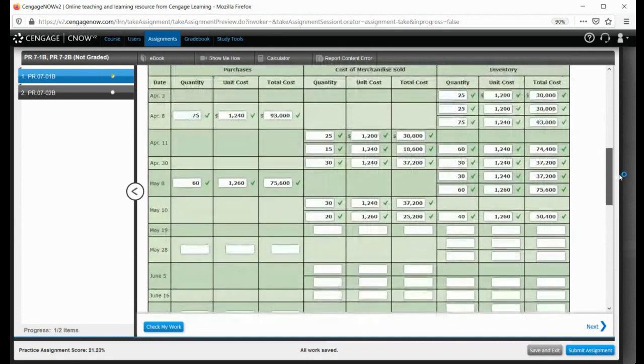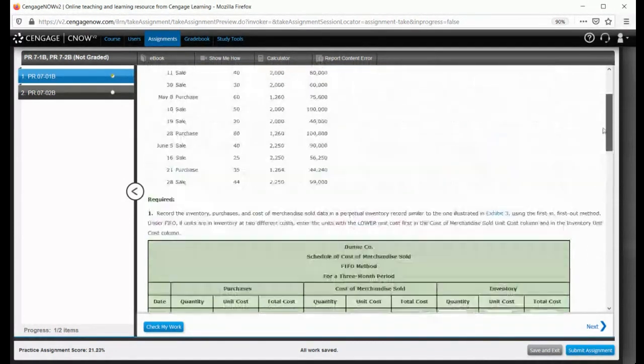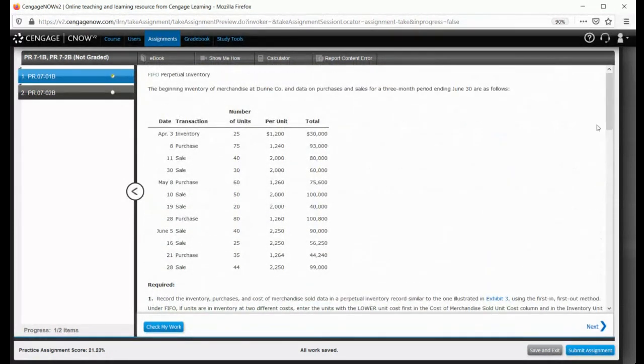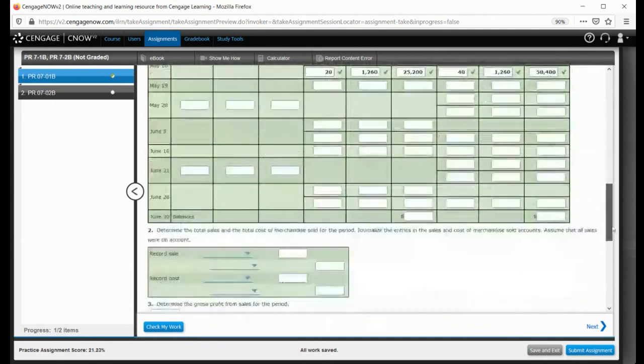We will also hopefully get into the next method, which is the LIFO method, and we'll talk about doing the LIFO method, which is what you're going to have to do in problem 7-02B.